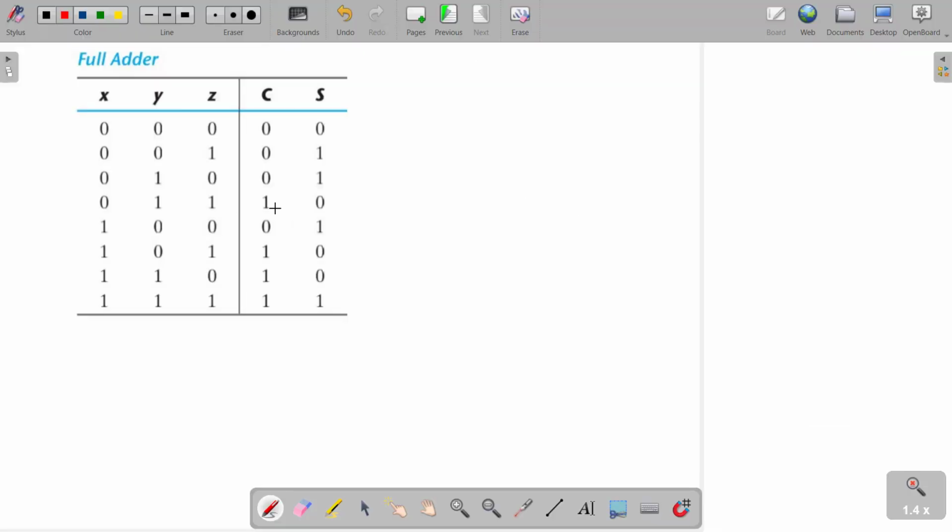Okay, now if you look at here, what is the corresponding min term of this one? Consider this one. The corresponding min term is x prime y z. Let's write C as x prime y z.